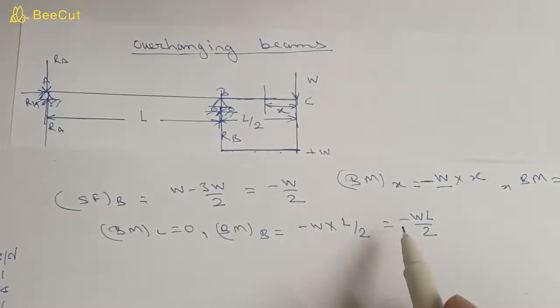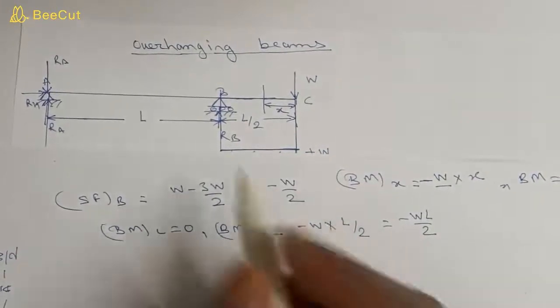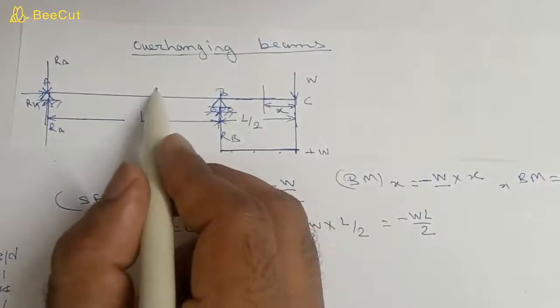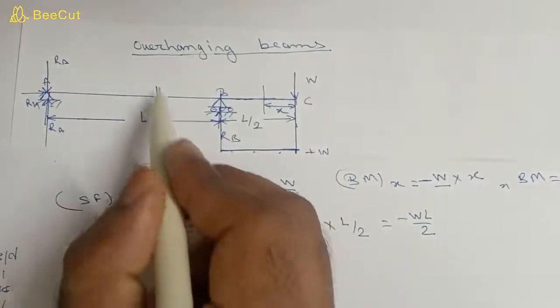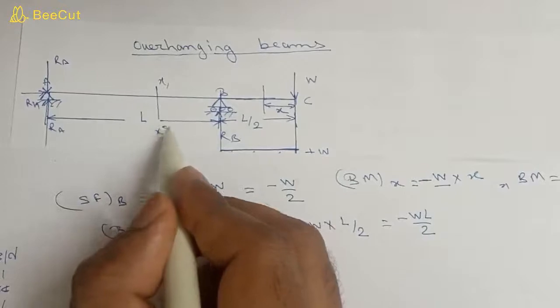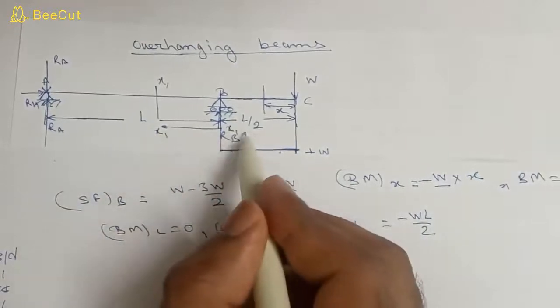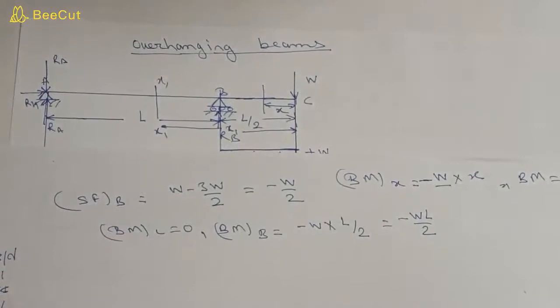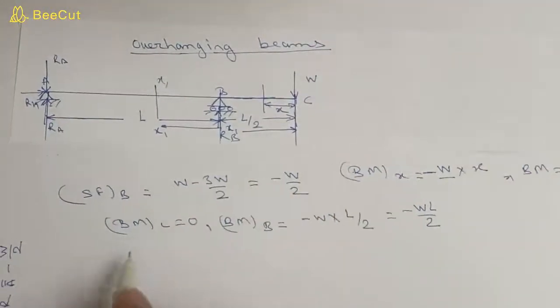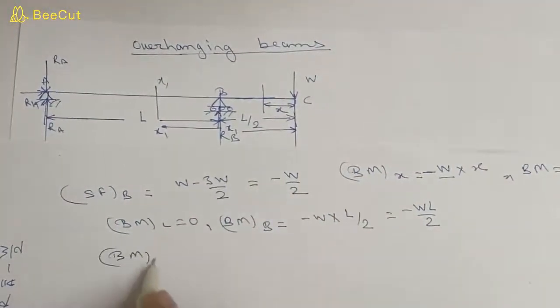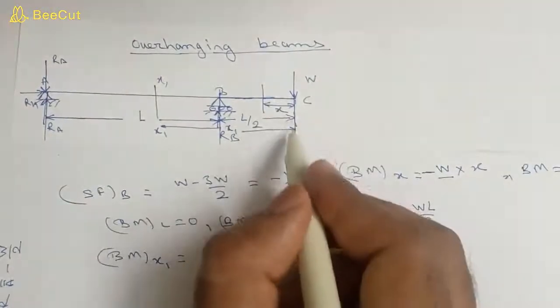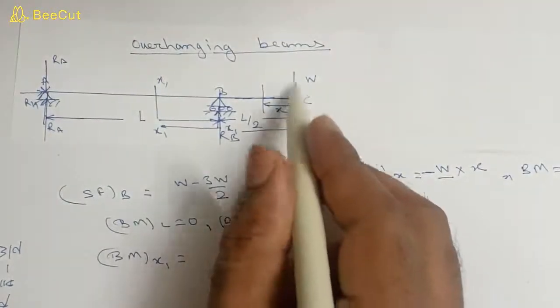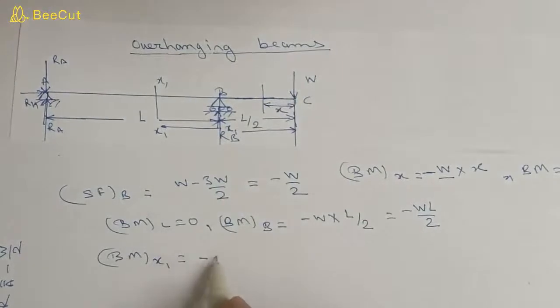Okay. Now if we take a section x1 here, and this distance suppose is x1, then bending moment at x1 is minus W into x1.